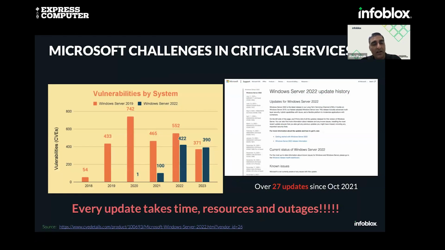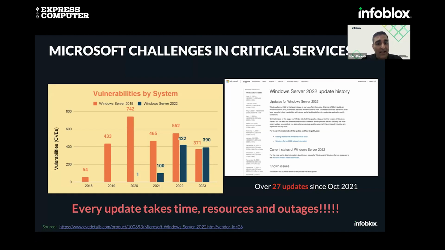These are the vulnerabilities. We are all aware, those who have been using Microsoft, of the bi-weekly deployment of patches and how it has been impacting the next working day. I hope everybody is aware and has faced those challenges. In 2019, there were 742 vulnerabilities.